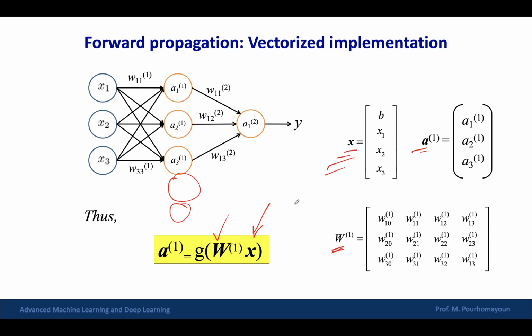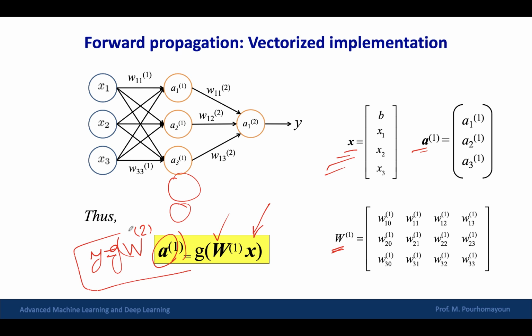And another thing is that we can add as many layers as we want now, so there is no limit. The only thing is that for the next layer, this guy will be the input, okay, and y will be the output. So y will be another W2 times this, and g of that.